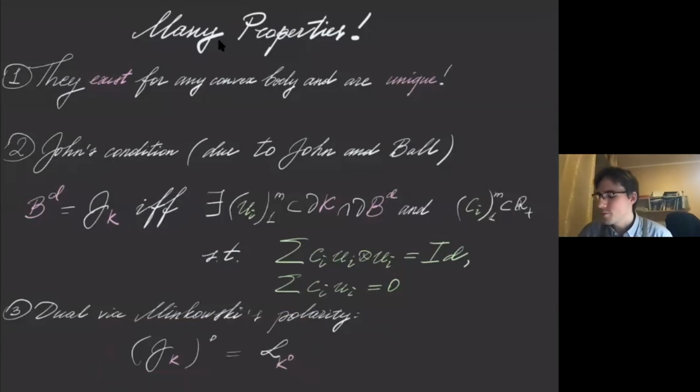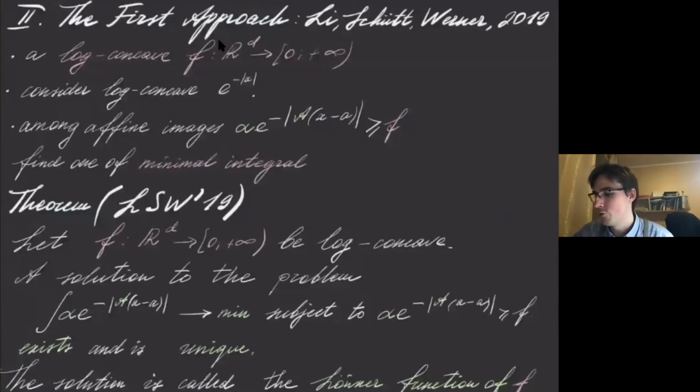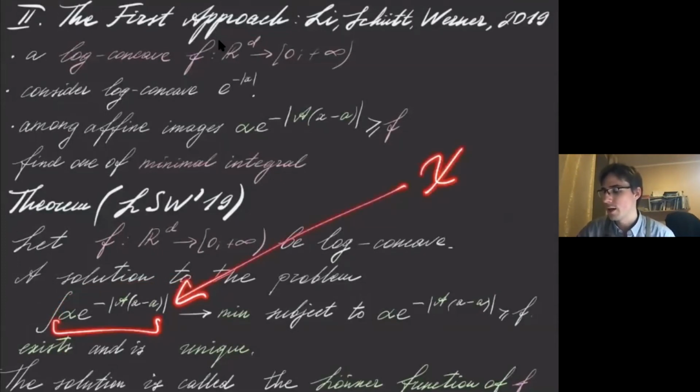And in the case of, say, Lishut-Werner case, if you consider the functions of this form and functions dual to them that are just the indicator functions of ellipsoids in R^d, there is no duality for Lowner functions of Lishut and Werner and the constructed John functions of log-concave functions.